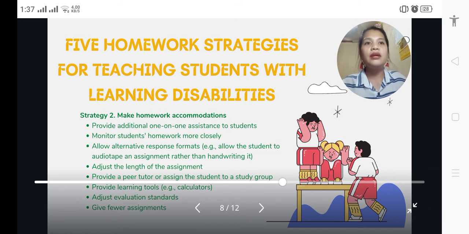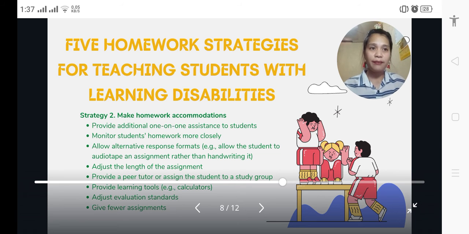So another one is adjust evaluation standards. So as a teacher of students with difficulties or a SPED teacher, we should have our evaluation clear, precise, concrete. Okay, never have assessments with high standards.